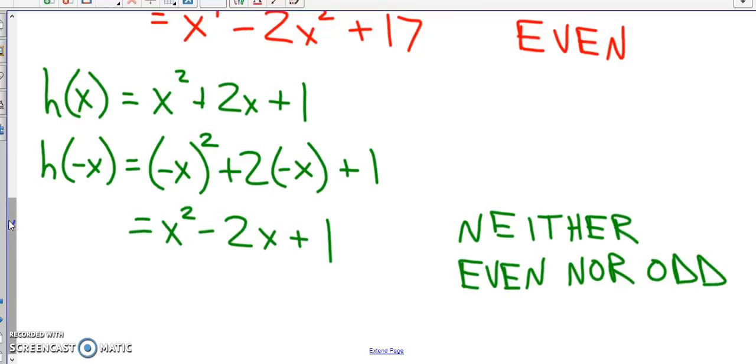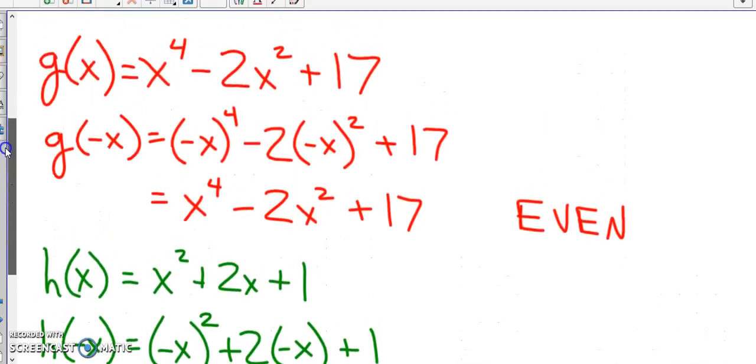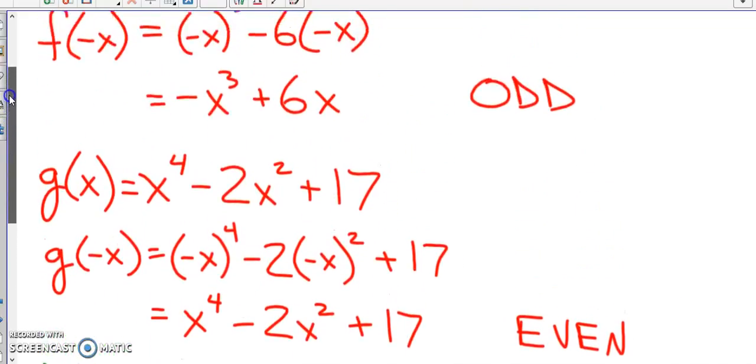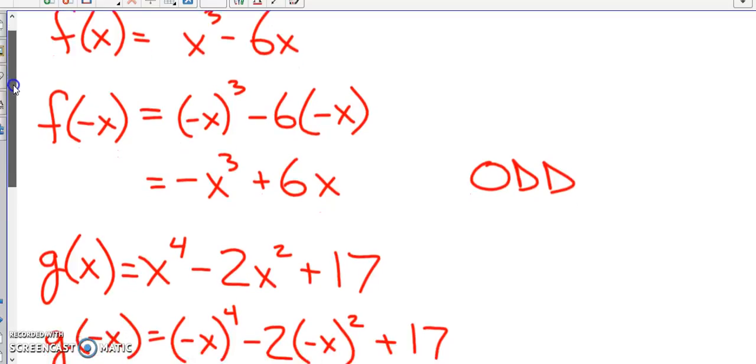Did you guys notice a pattern in this at all? This one was odd, right? Did you notice anything interesting about it? The powers are all odd, aren't they?